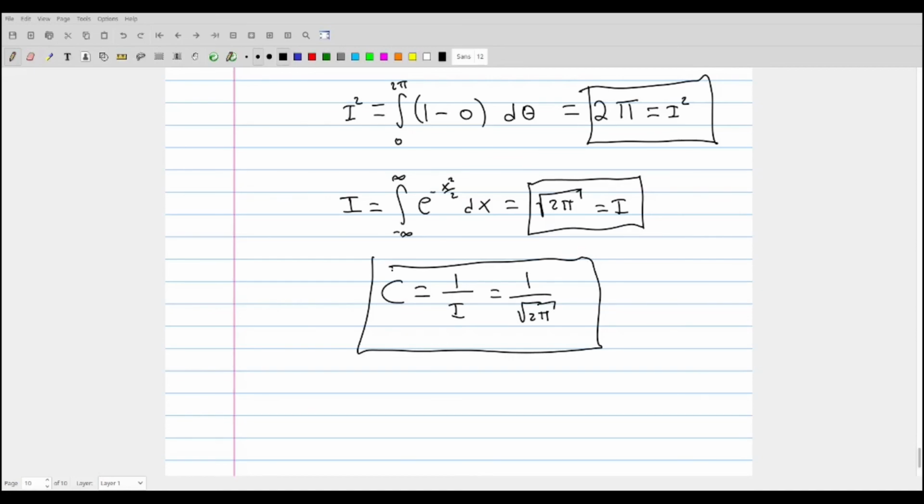Now remember, this calculation is for the normalization constant for a standard normal distribution. For the general normal distribution with a non-zero or non-1 value of the standard deviation sigma, you're going to have a little bit of a change here. You'll have a sigma that appears as we wrote down before.